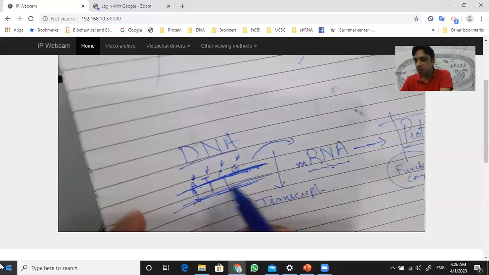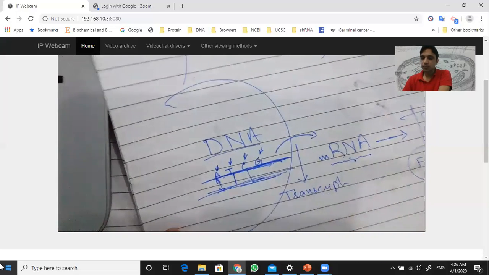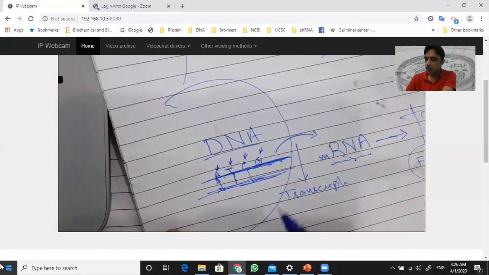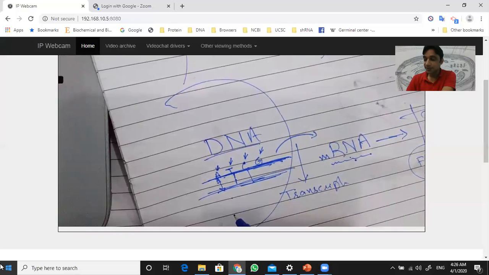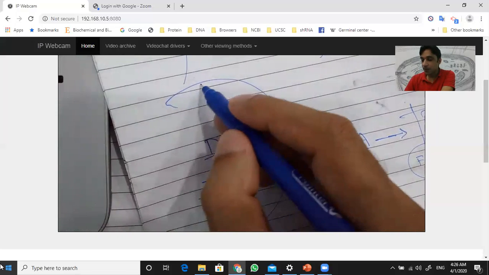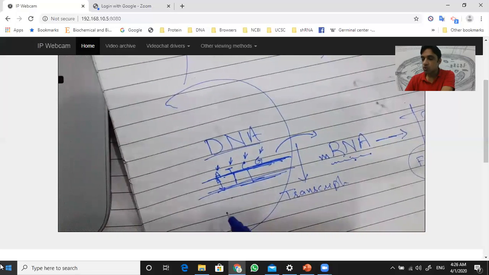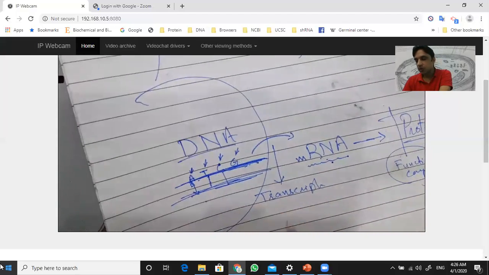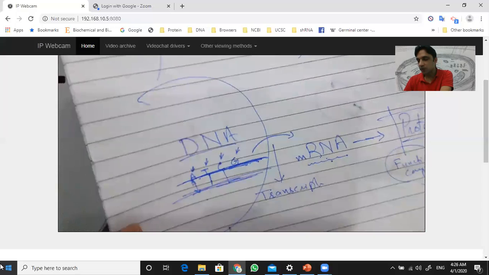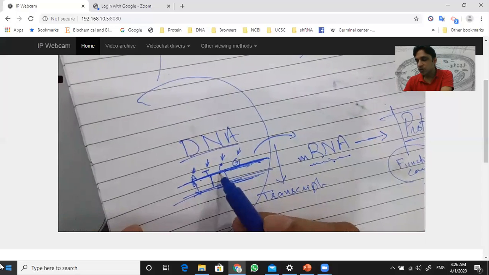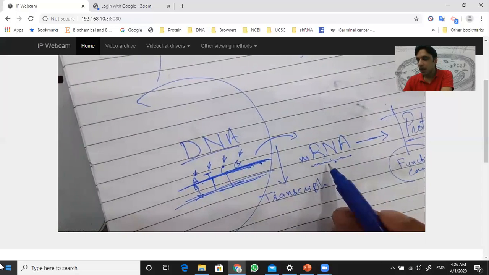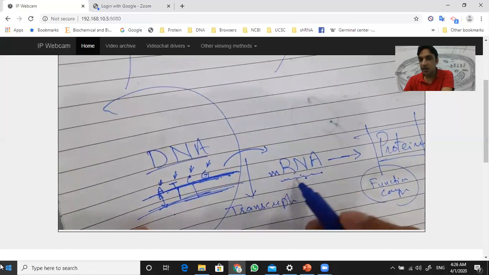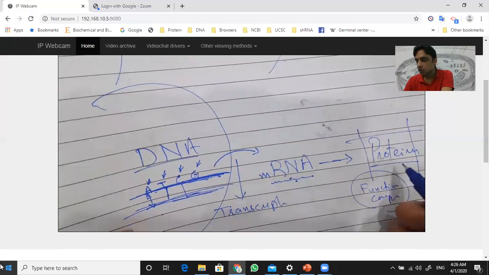The DNA present within the nucleus, as I told earlier, controls all the functions of life. And that is how the DNA can control the functions of life: DNA produces messenger RNA, and then these messenger RNA are translated into proteins.